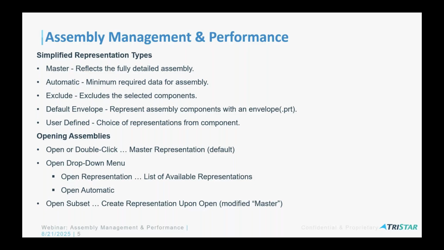So that's a really good config option to have turned on, because that prevents you from opening a very large assembly that you might not want to actually open, right? So you can kind of pause a little bit. It's an extra click, but then it gives you that ability to either abort or pick the representation that you want to open.